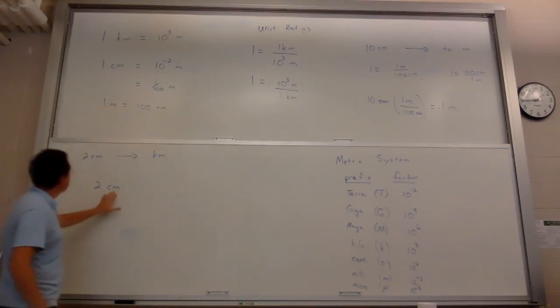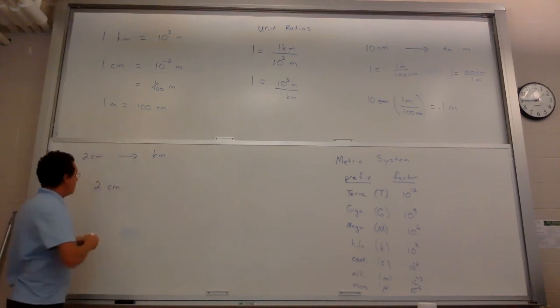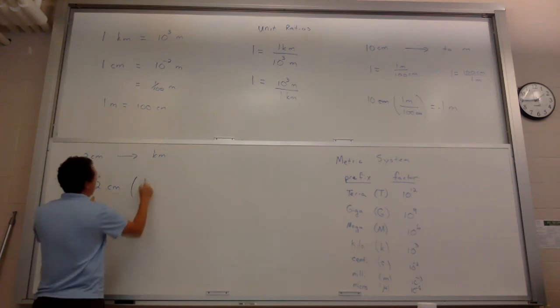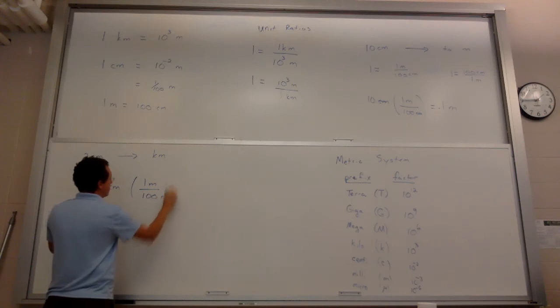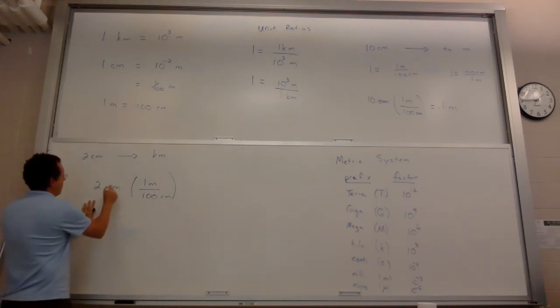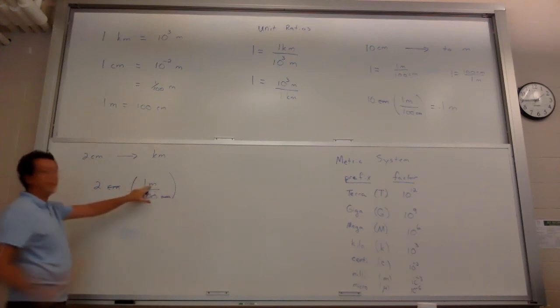So from centimeters to meters, I have that conversion right here. I form the unit ratio 1 meter divided by 100 centimeters, and that cancels the centimeters. Now my answer is in meters. That's the only thing that survived.